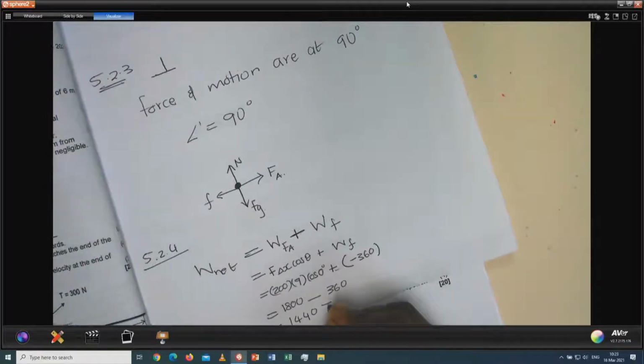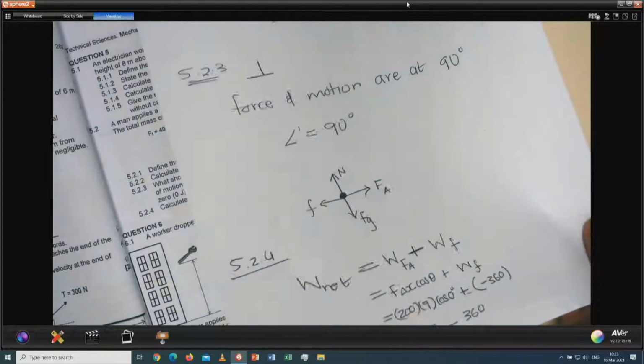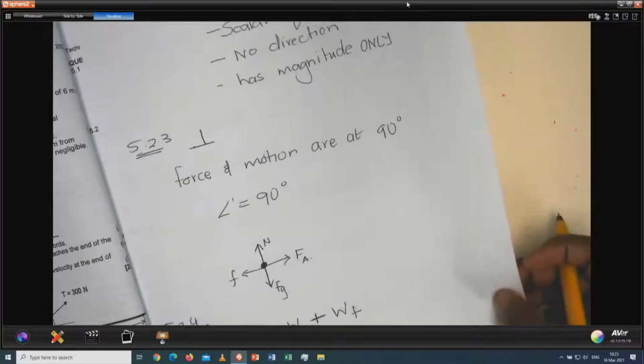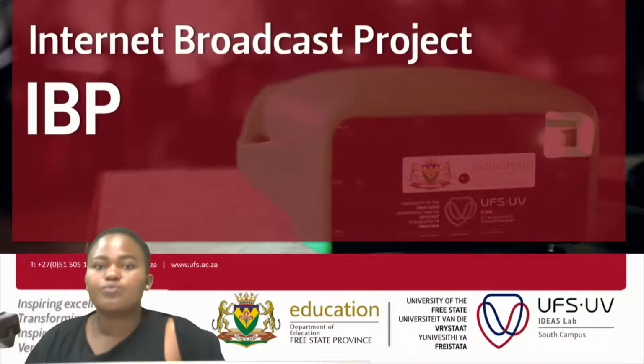And the unit, make sure that whenever you write the answer, you include the unit. Let's take a 10 minutes break, and then we will resume.